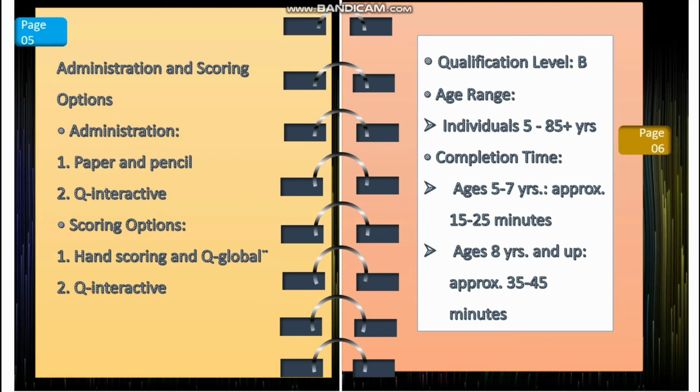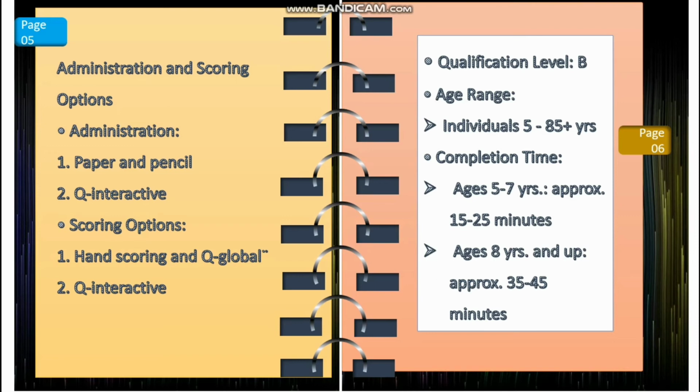There are several scores available: the standard score, percentile ranks, stanines, normal curve equivalent, grade equivalent, and growth scale value or GSV. The qualification level is level B. The age range for the test is broad, from 5 years old all the way to 85 years plus, so it allows us to use one single measure across a wide age range.